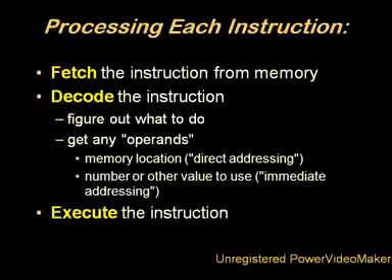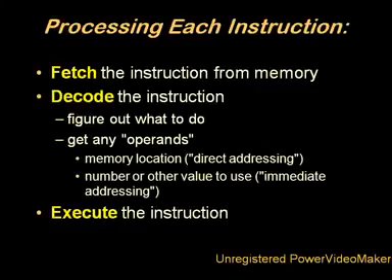So to process an instruction, what the CPU has to do is fetch the instruction from memory. Once it's got it from memory, it brings it into the instruction register, where it decodes it to figure out what to do. Now, instructions may include what we call operands. They're the things that the instruction wants to work on. An add, for example, has to reference at least one or two numbers that need to be added.